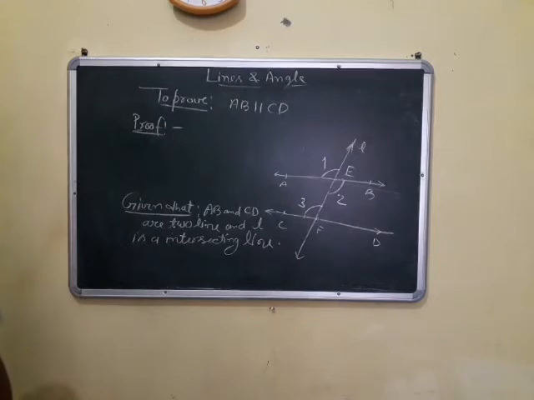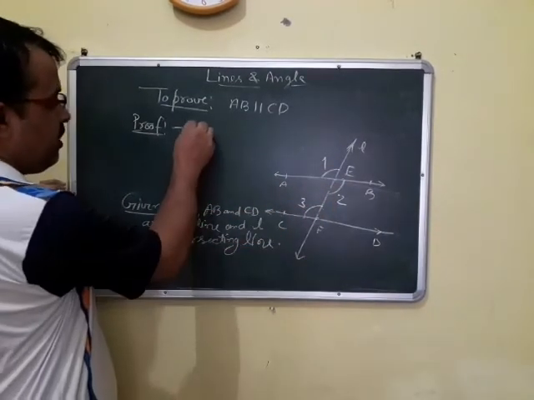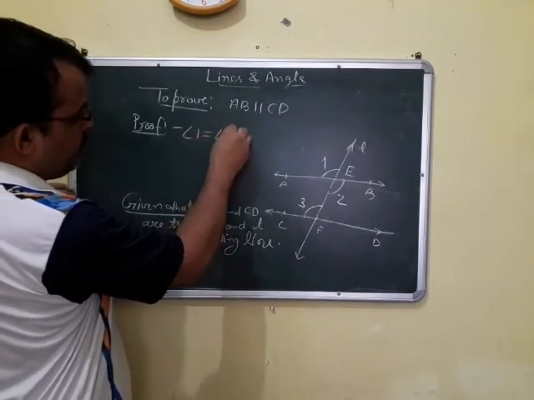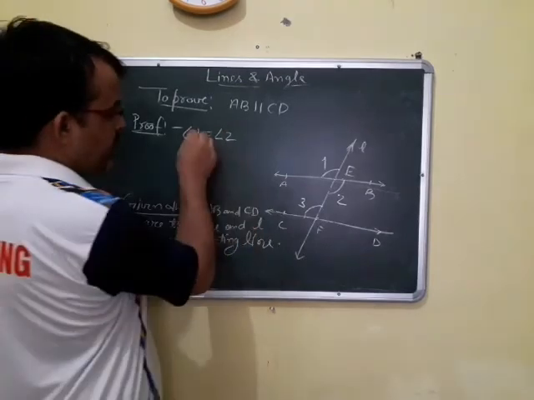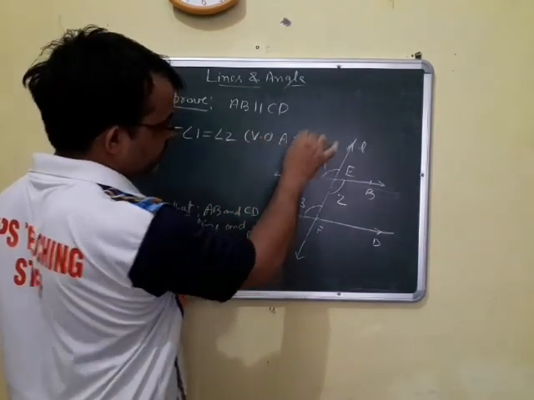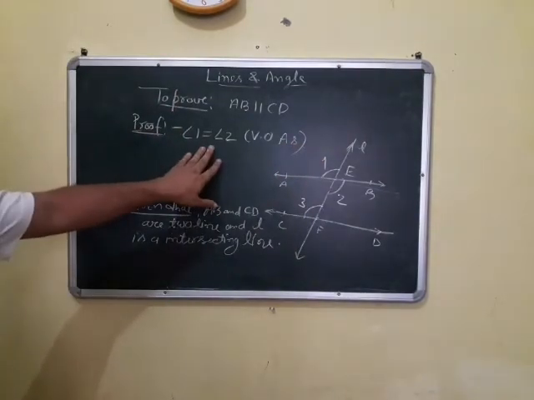Clear? So here, angle 1 is equal to angle 2, as angle 1 and angle 2 are vertically opposite angles.